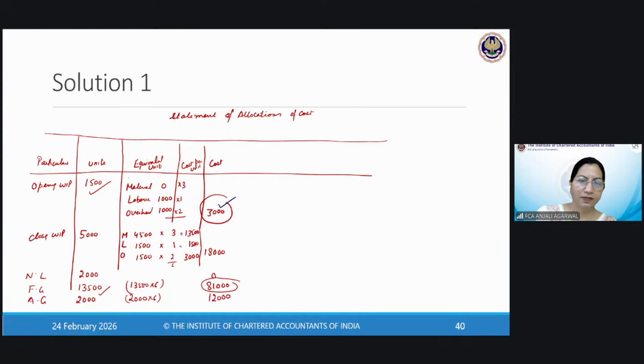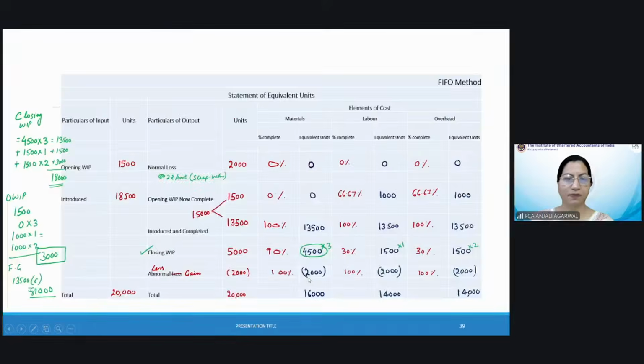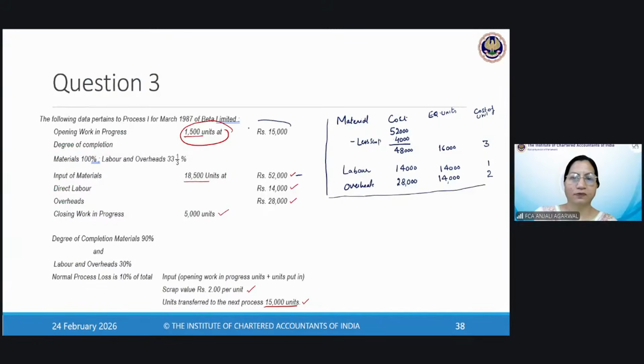It should be this plus the cost of opening WIP. Don't forget to add this 15,000 here. So already in the last period, you had incurred 15,000 plus you took another 3,000 to complete this. So these 1,500 units are now costing 18,000 and the remaining 13,500 cost is 81,000 this period.